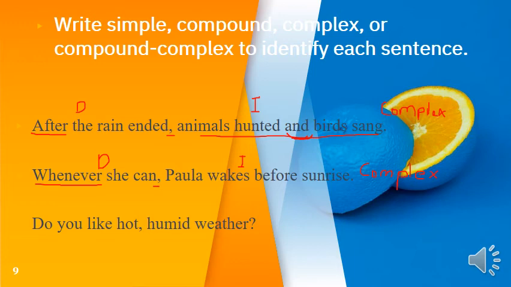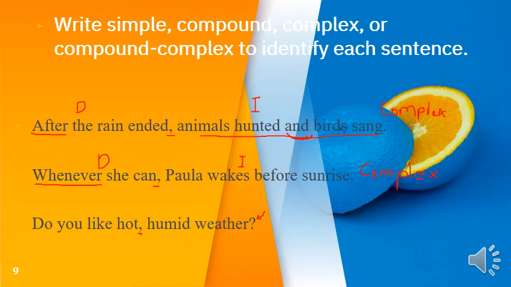Do you like hot, humid weather? First, this is an interrogative sentence, so it's a sentence. So I have a comma here. If I want to think clearly about this sentence, I should change it into a declarative sentence. You like hot, humid weather.